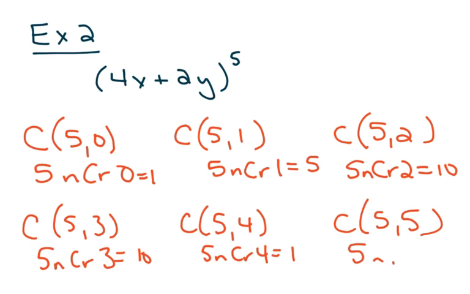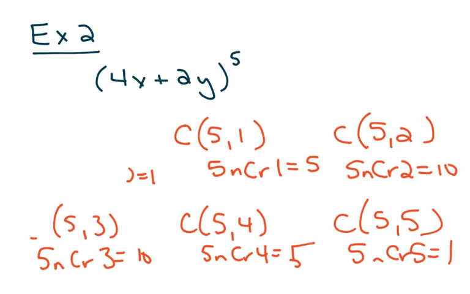And 5 nCr 5 is 1. So that's how you would find the coefficients. But we know the coefficients because the 5th row of Pascal's triangle is really easy to get to. So now we know that the coefficients are 1, 5, 10, 10, 5, 1.